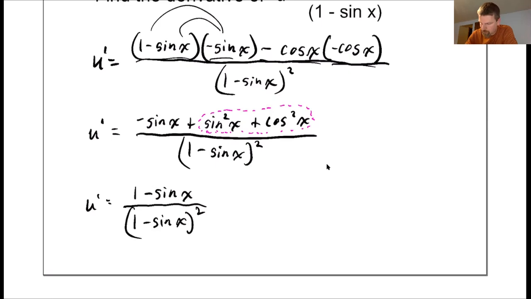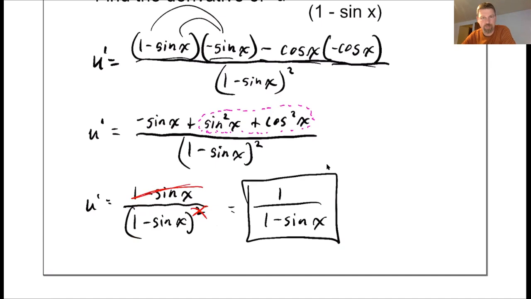So I say, hey, look at that. We've got a 1 minus sine of x there. We've got 2 1 minus sine of x's there. Those can factor out. This will cancel out with one of those ones. And my final answer is 1 over 1 minus sine of x, which looks a lot better than what I had before. That's the fully simplified version.